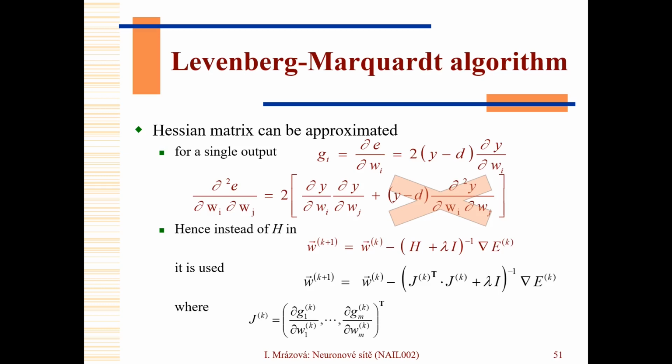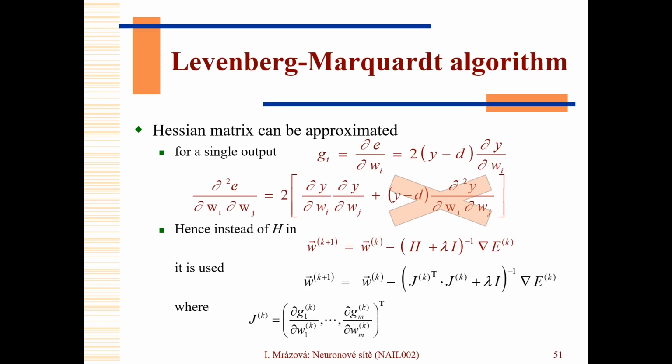In order to make things easier, we will for now consider just one output neuron for the network, and we will now compute how the gradient of the error at the output with respect to the particular weight Wi could be expressed.